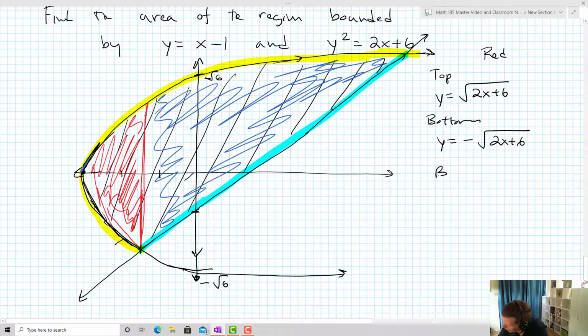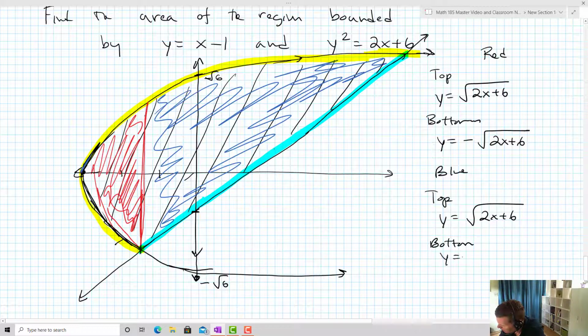For the blue part, our top will once again be y equals root 2x plus 6, and our bottom is going to be y equals x minus 1. So that's the bottom curve.